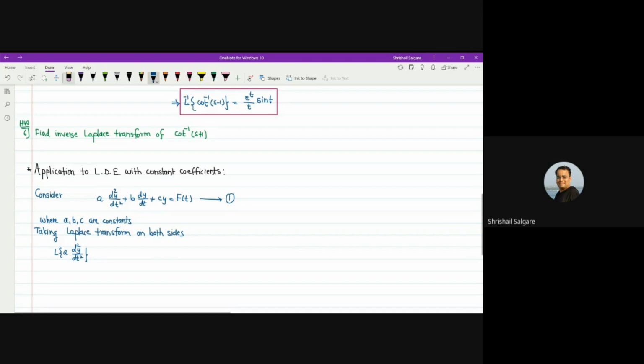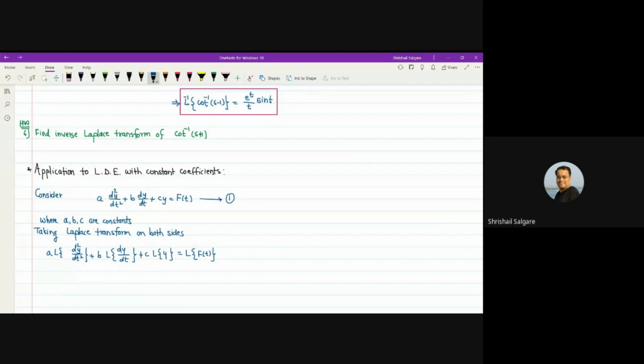This a is a constant, that's why I will write outside. Then plus b into Laplace transform of dy by dt plus c into Laplace transform of y is equal to Laplace transform of f of t.